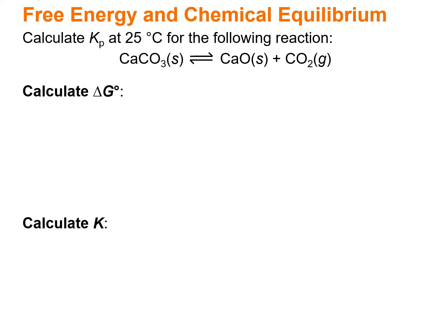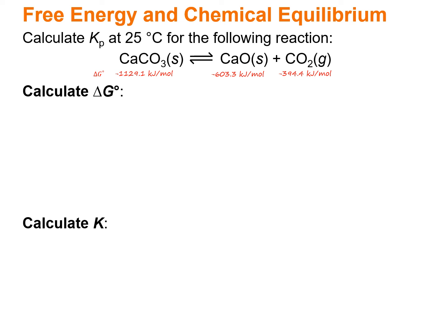So in this particular reaction, we're looking at finding the value for K, the equilibrium constant, at 25 degrees Celsius. We're doing it for calcium carbonate decomposing into calcium oxide and CO2. That's a balanced reaction. If we look at what our delta G's are for each of those values, say in a table in the back of the book, we end up with those 3 different values.